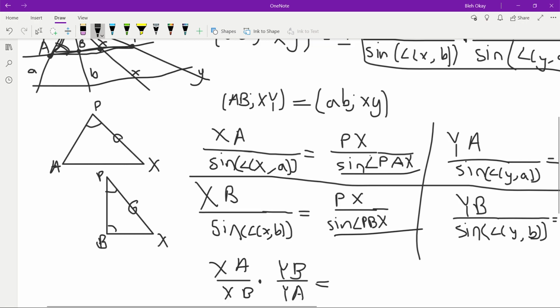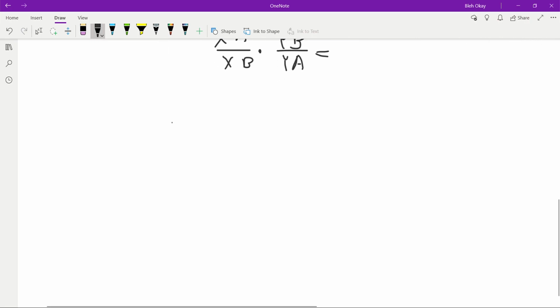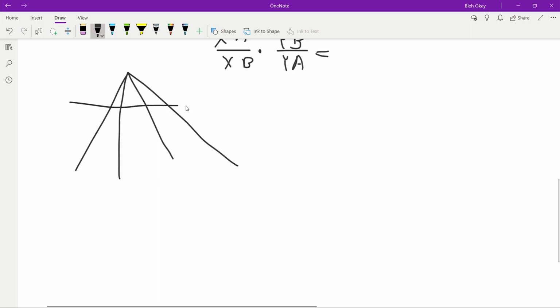So now we have been able to relate, if we have four lines all stemming from one point, we defined the cross ratio of these four lines. And we said that's equal to the cross ratio of the 4 points we get when we draw a transverse line.